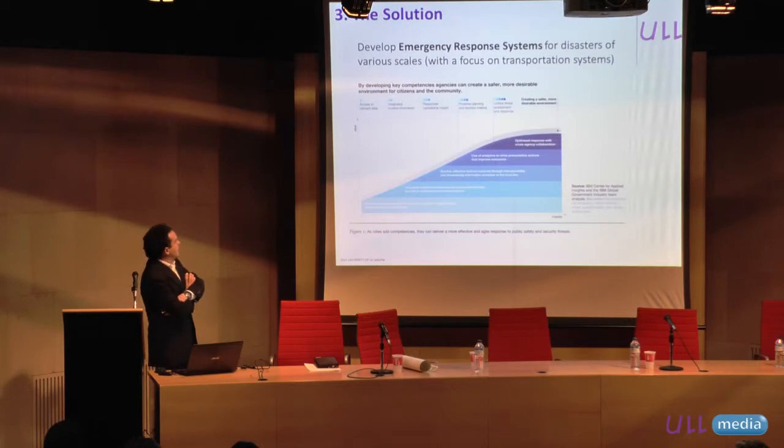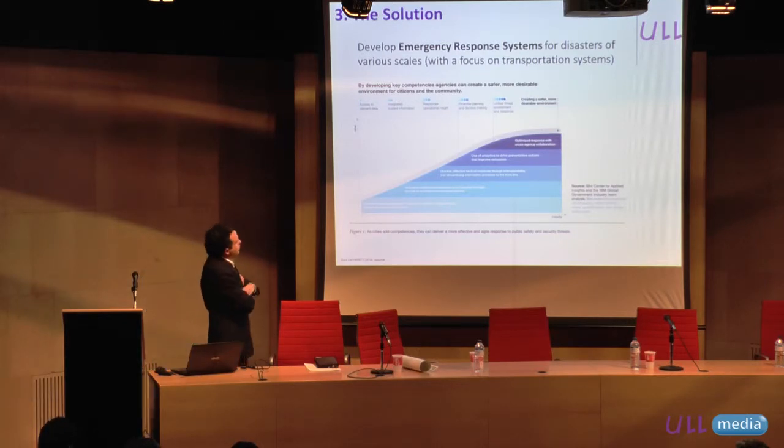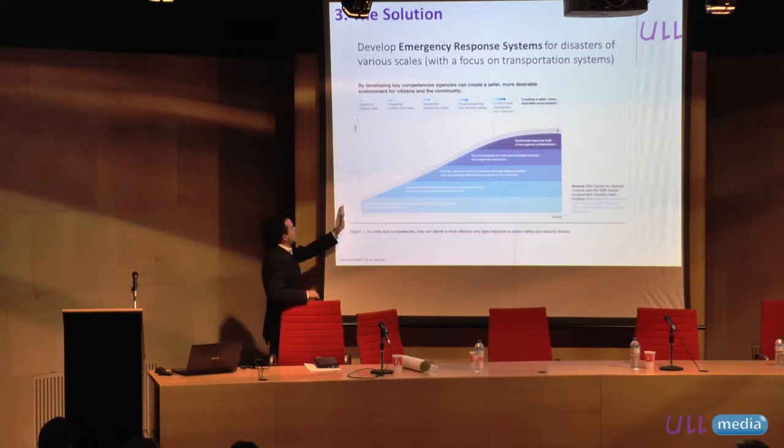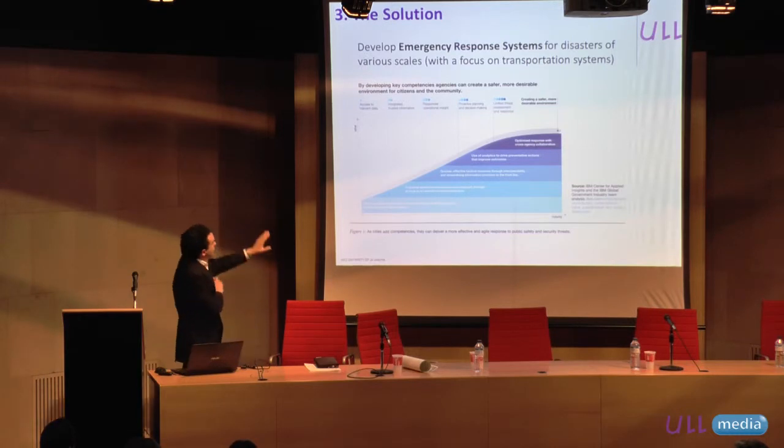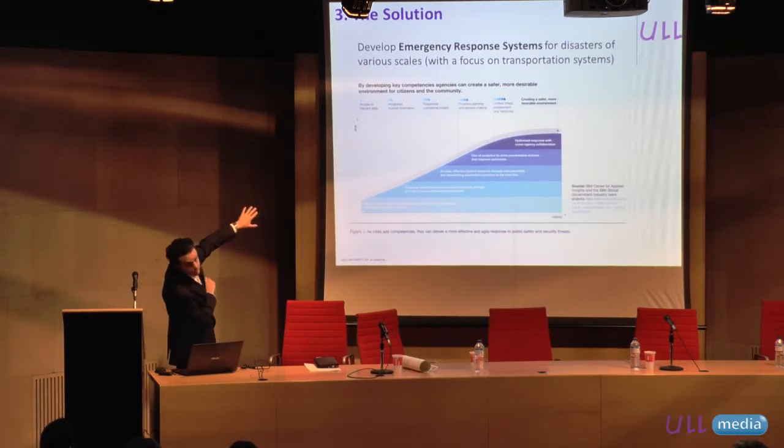And here we have a solution from IBM, and you have 6 sectors, 6 layers. On the left-hand side, you have the information, simple information, and then you have an integration of that information.